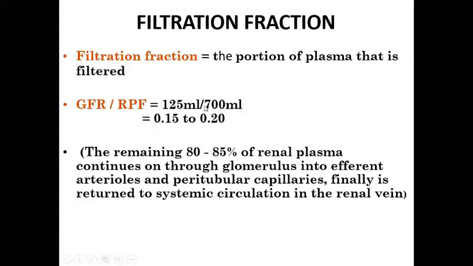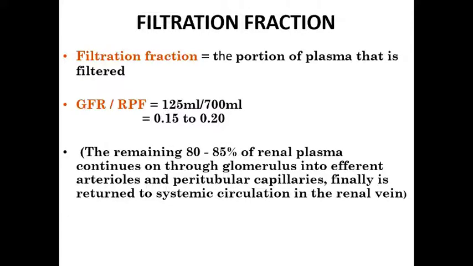So 125 divided by 700 gives you values from 0.15 to about 0.20, which is 15% to 20%. So the filtration fraction is 15 to 20% of the renal plasma flow. Only about 15 to 20% of the renal plasma flow is being filtered.